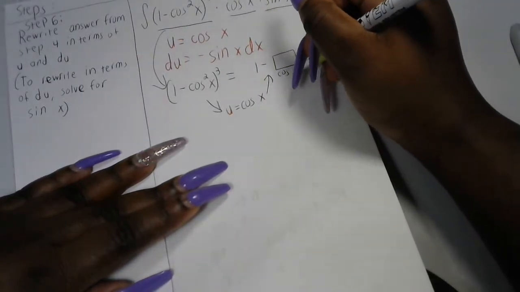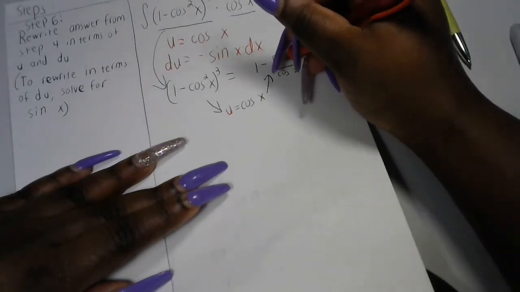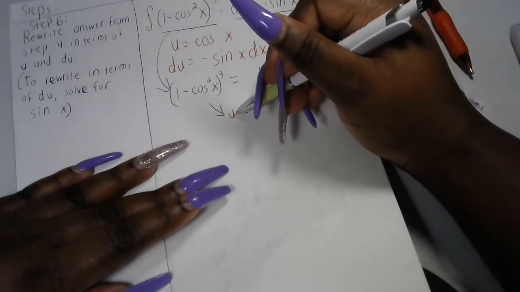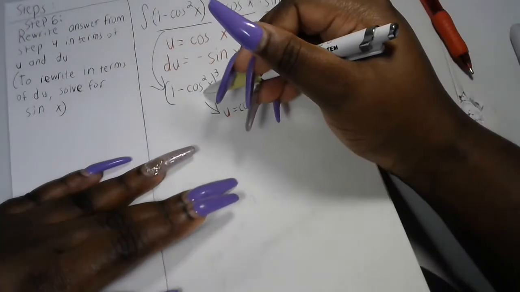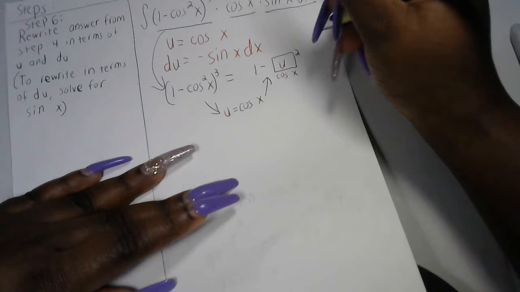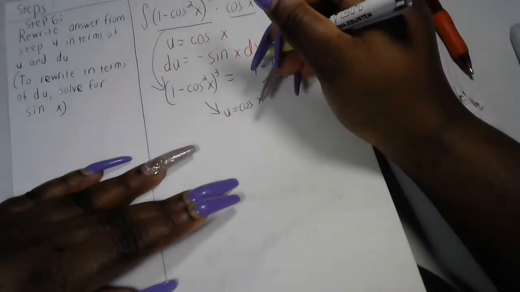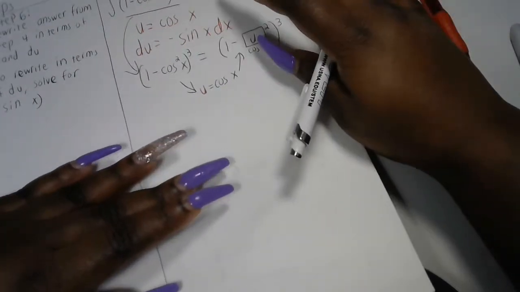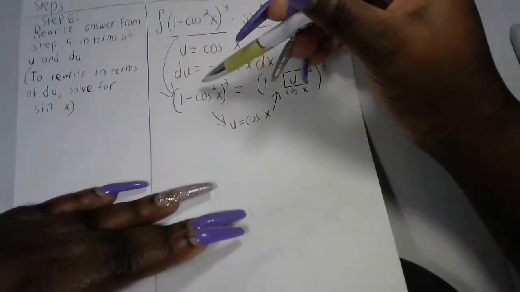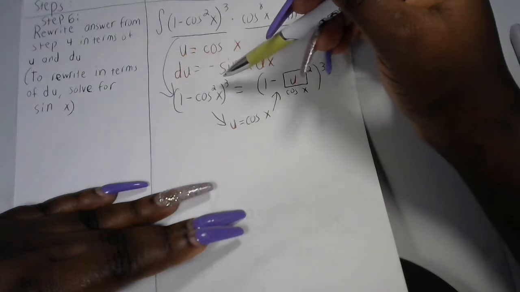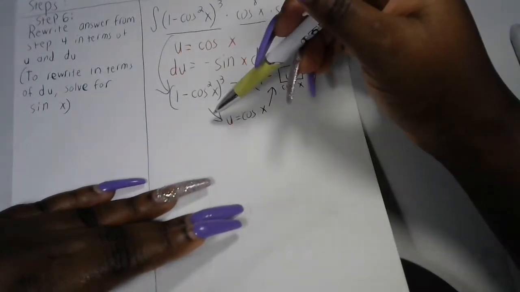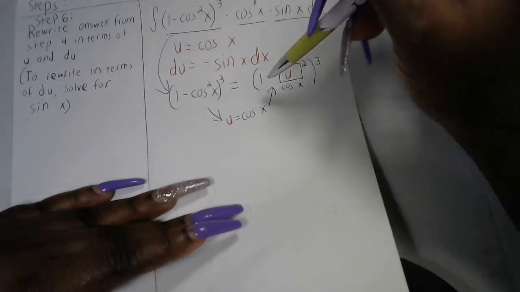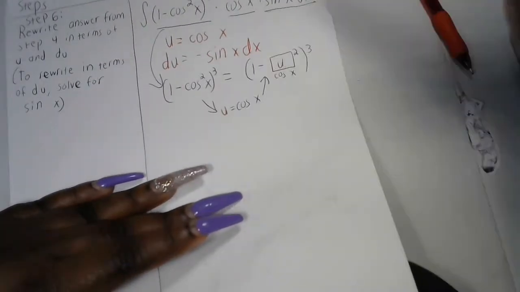It was cosine x squared, so it's going to be u squared, and the whole thing cubed. So we rewrite it to 1 minus u squared, all cubed, since u is equal to cosine x.